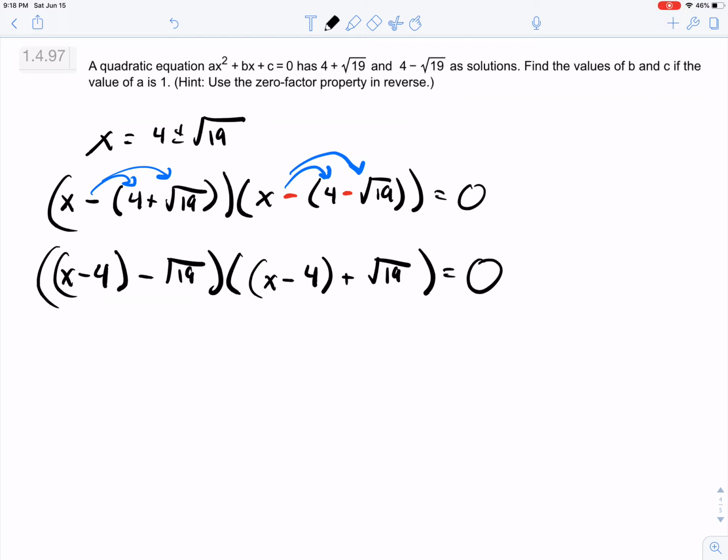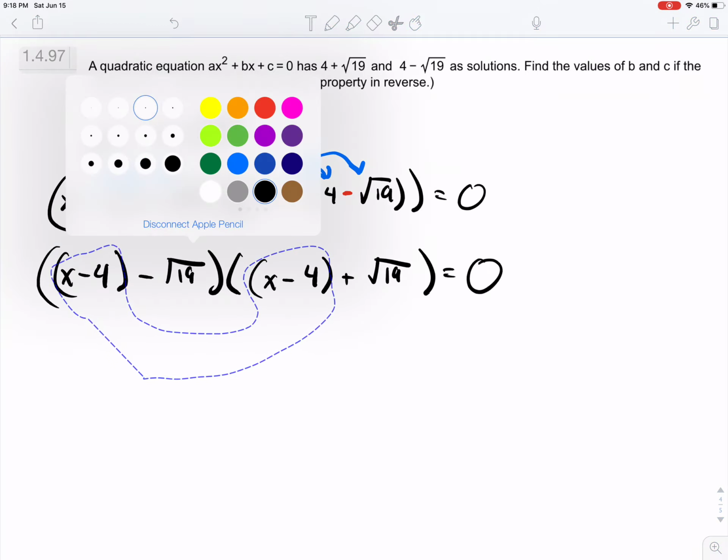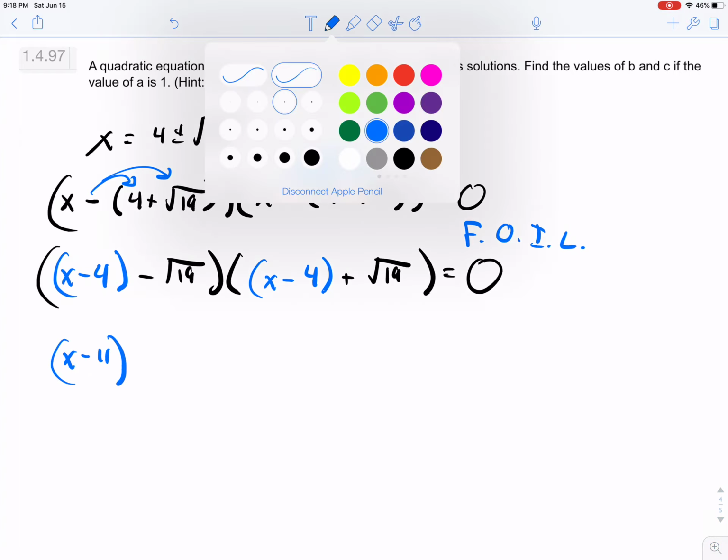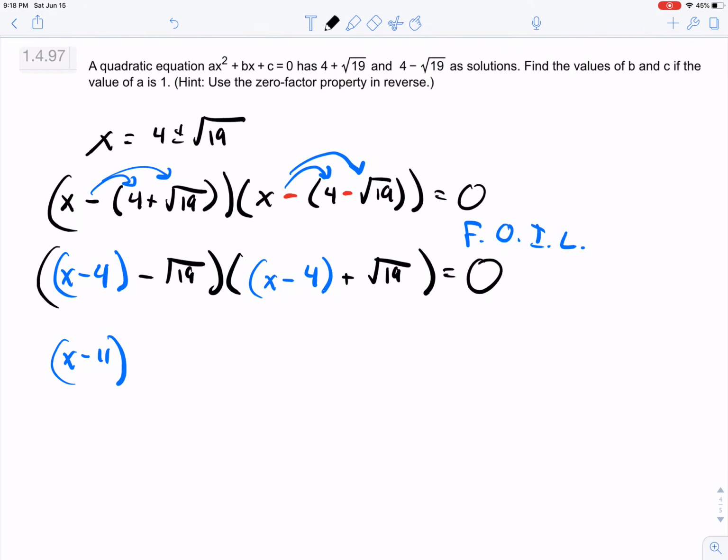Anyway, so now what we're going to do is the following. Notice that both of these have this common binomial, right? So we're going to look at that as just one thing. So what we're going to do is FOIL: first, outer, inner, last. The first times the first is going to be that thing squared. So we're going to have this x minus 4 quantity squared.